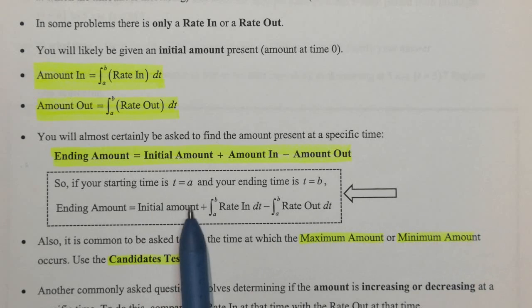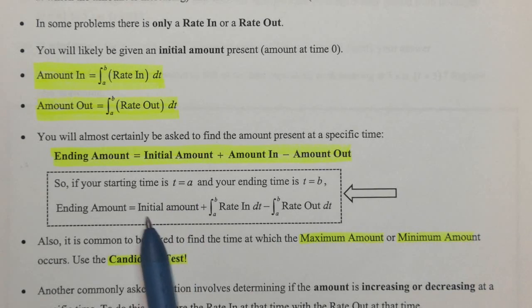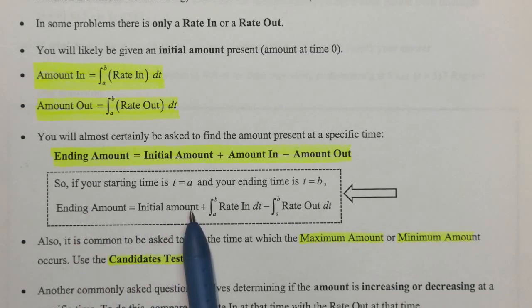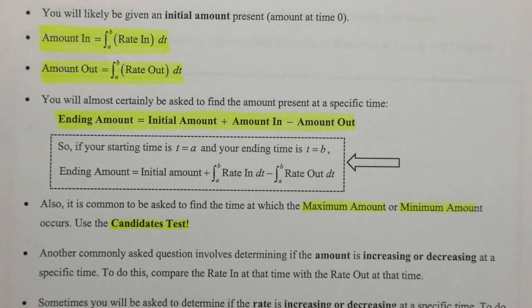This little guy right here is the thing that kids tend to forget about. If you want to know how much you're ending at, it's going to involve how much you began with, right? Okay. It's also common to be asked the time at which the maximum amount or minimum amount occurred.